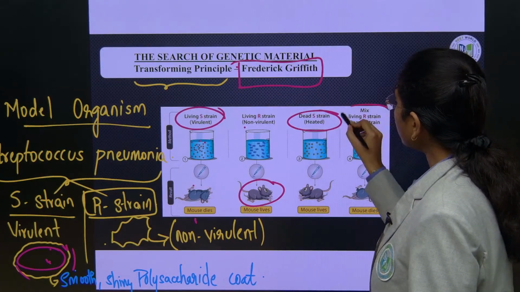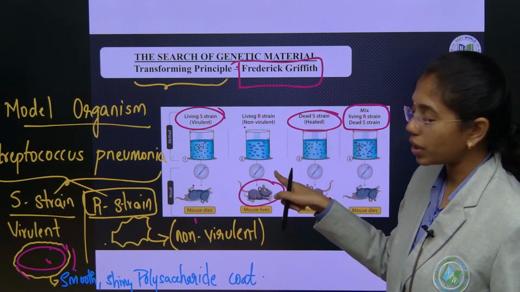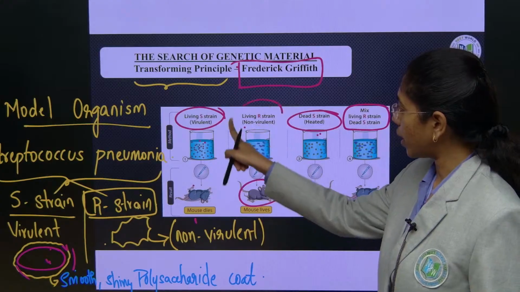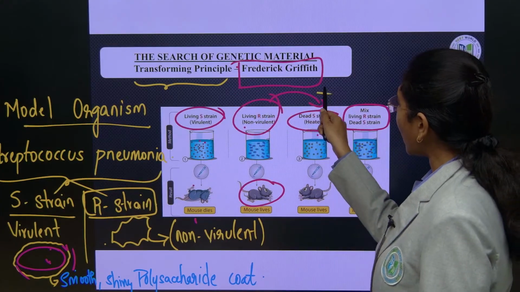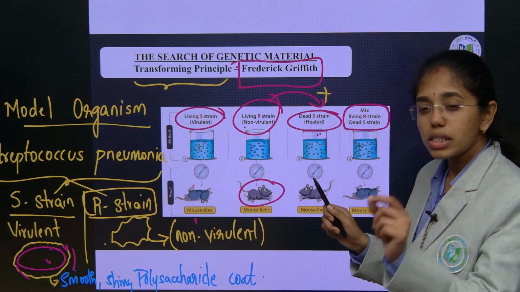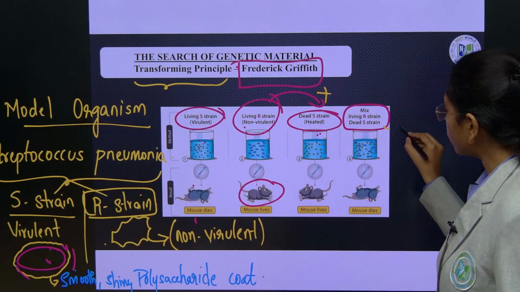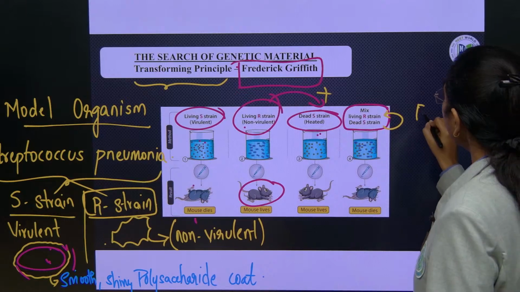Now at the fourth step, living R strain is mixed with the heat killed S strain. When this is added, something is being transferred from the dead S strain to living R strain, which is making the R strain virulent.